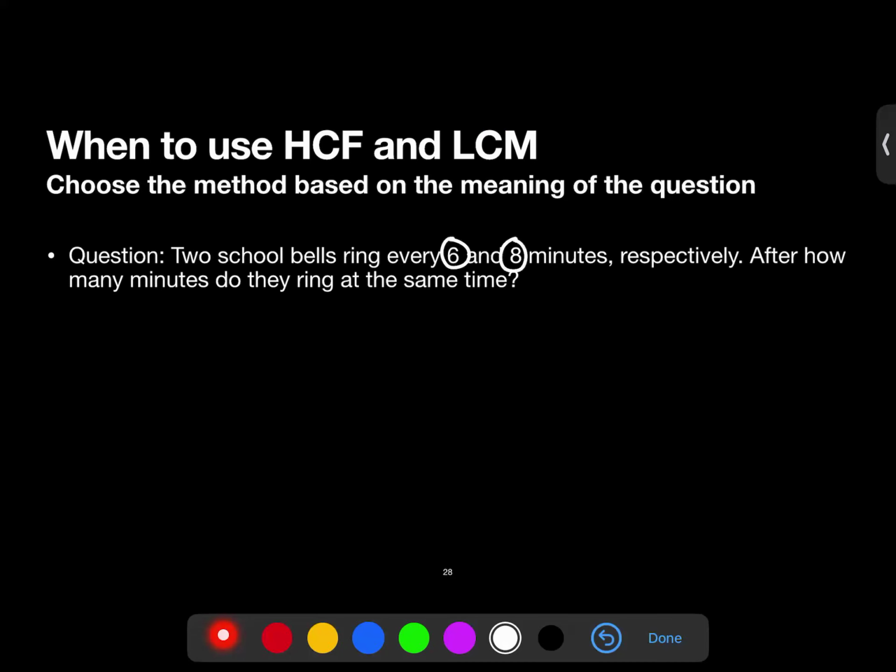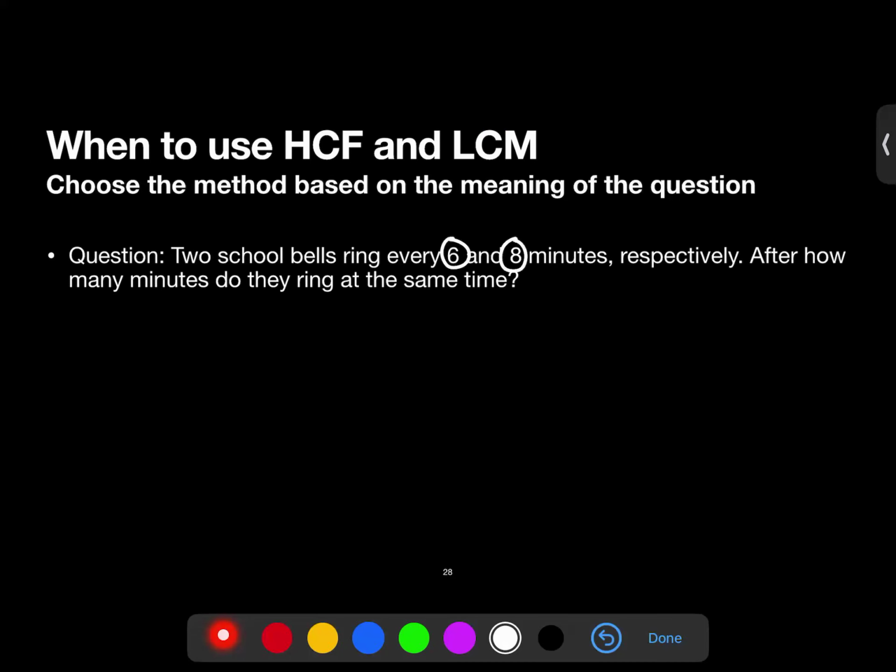So for this question, will we use HCF or will we use LCM? LCM. So HCF is correct. So remember, from our definition, we use HCF when dividing into equal groups.